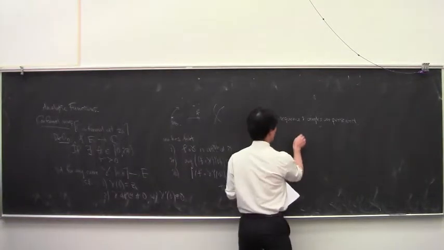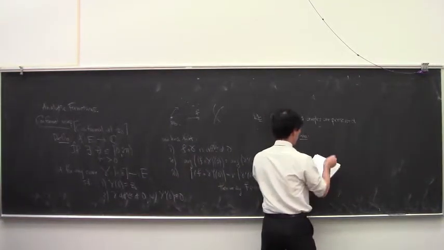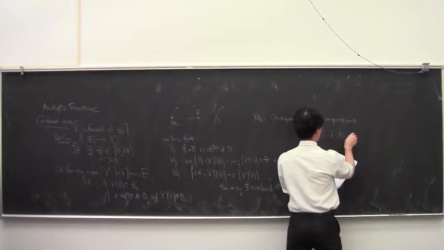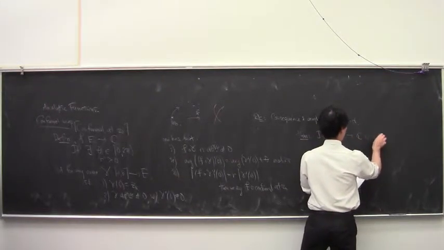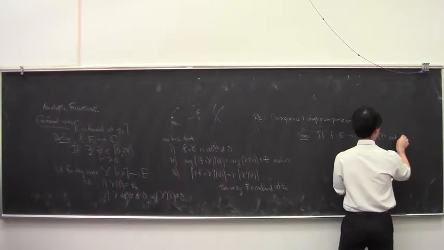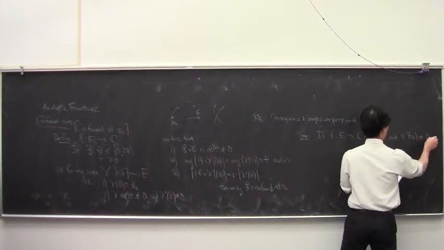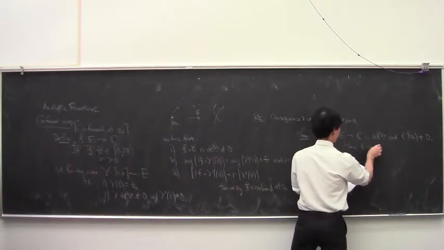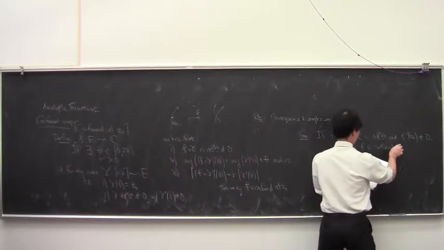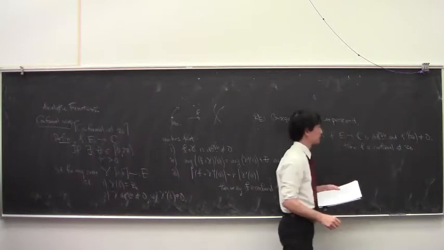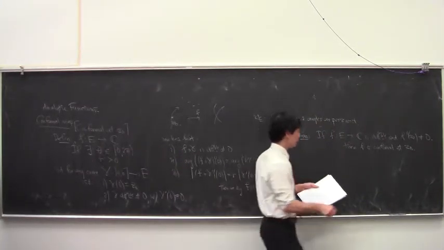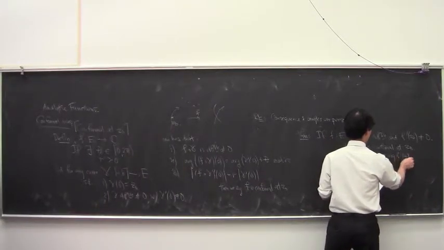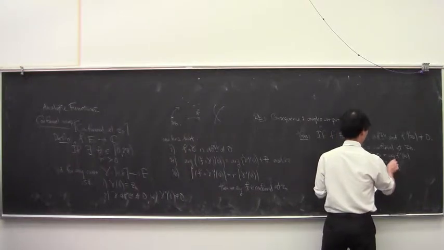Okay, and it's an easy matter to see that if f is differentiable and f prime of z naught is not equal to 0, then f is conformal at z naught with theta being the argument of f prime z naught and r being the magnitude of f prime z naught.